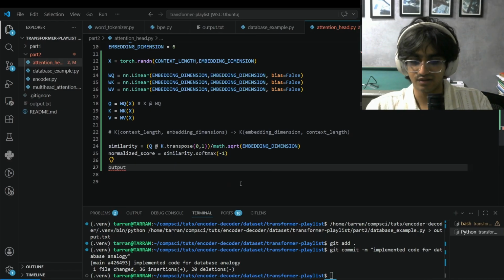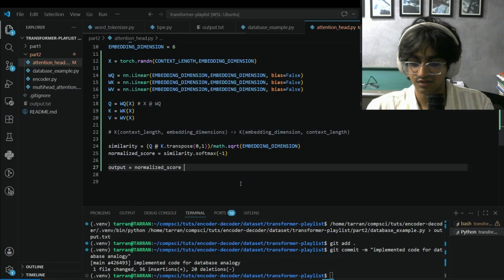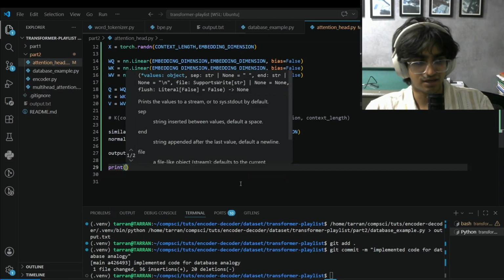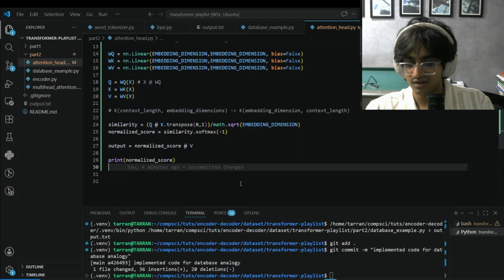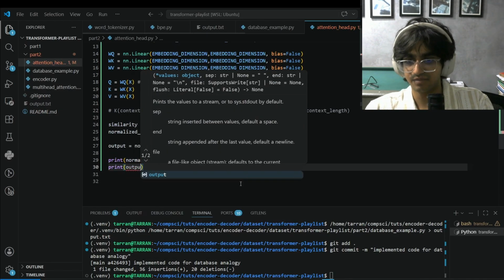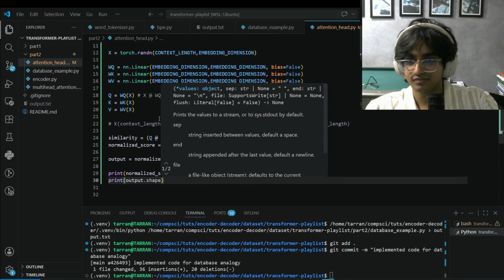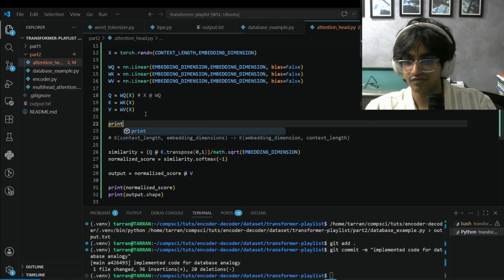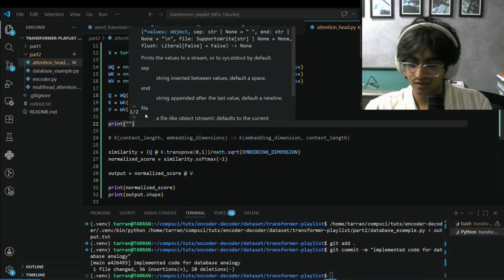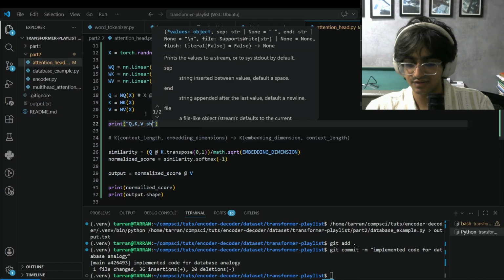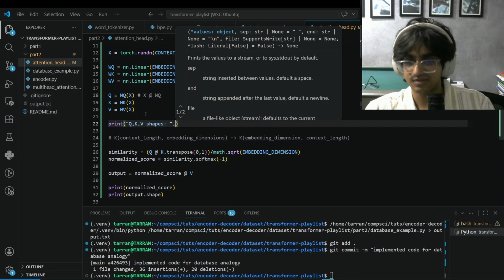So our output from the attention head is essentially just your normalized score @ V. Let's print our normalized score, let's print our output shape, and let's print the shapes of QKV.